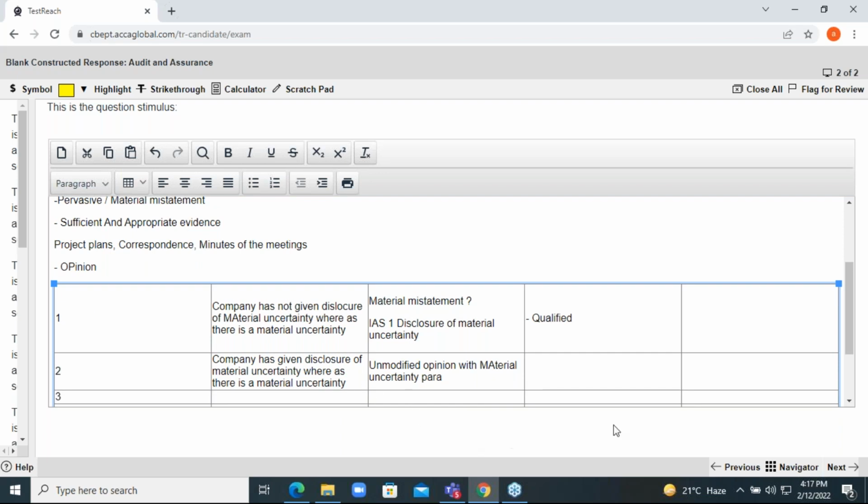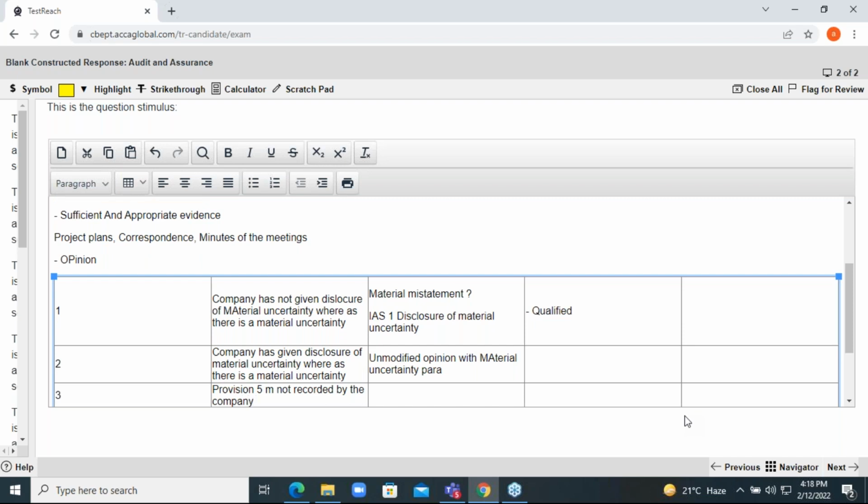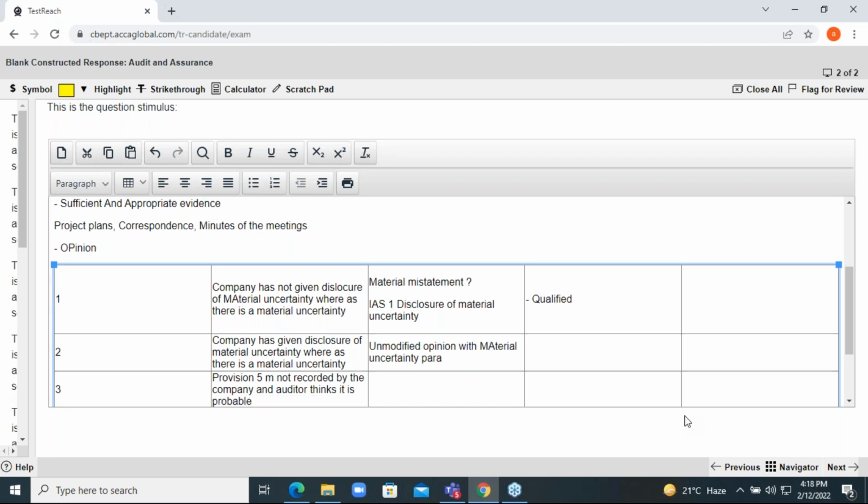Now, let's say there is a provision of 5 million not recorded by the company, and the auditor thinks it is probable.